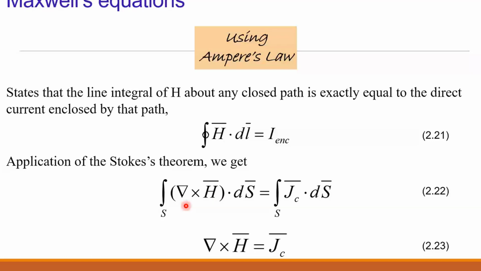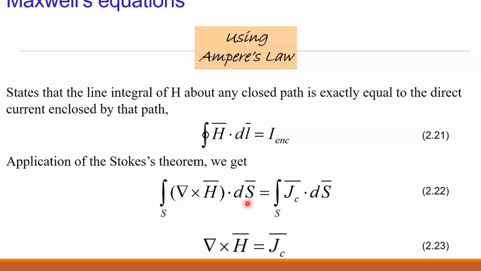Actually, according to the Stokes theorem, closed integration of H dot dl is equal to surface integration of del cross H dot dS, but also del cross H dot dS is equal to surface integration of J bar dot dS bar, because del cross H is nothing but J bar, that we already saw.